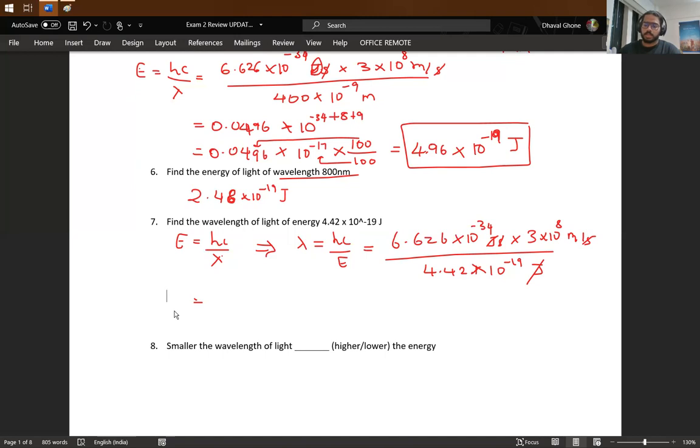6.626 times 3 divided by 4.42 gives me, I'm going to round up to 4.5 times 10 to the power. Let's see, I have negative 34. I'm multiplying it by 8, so I'm going to add 8 to it. Divided by negative 19, so I'm going to change the sign and write 19.